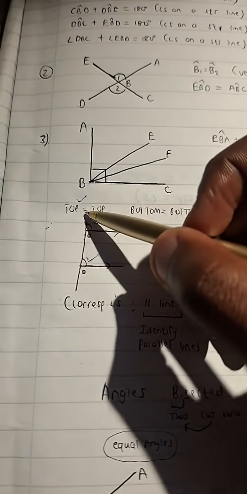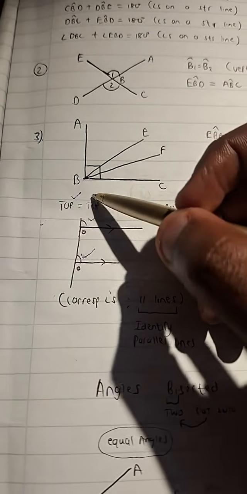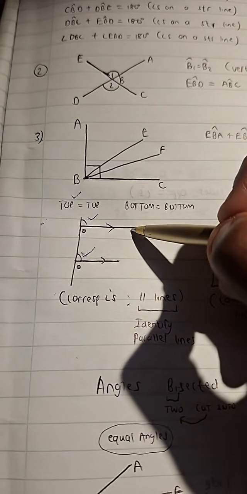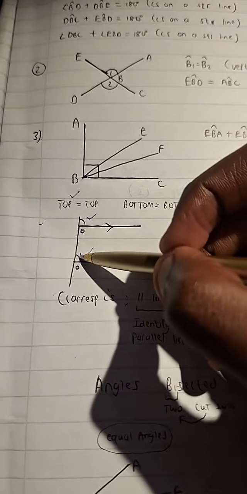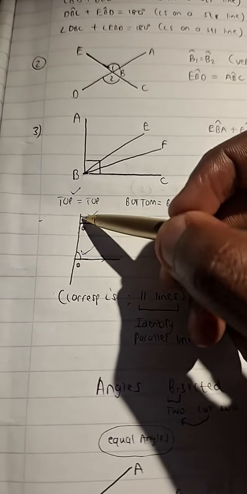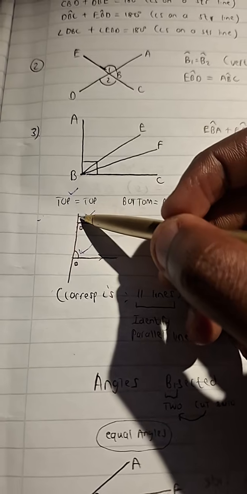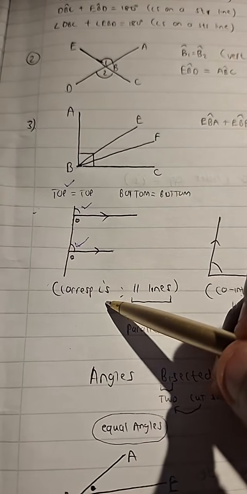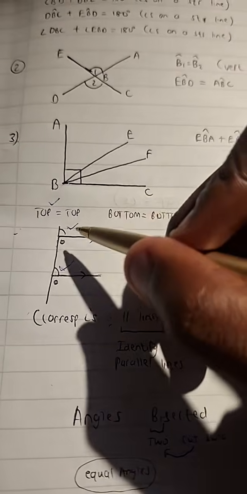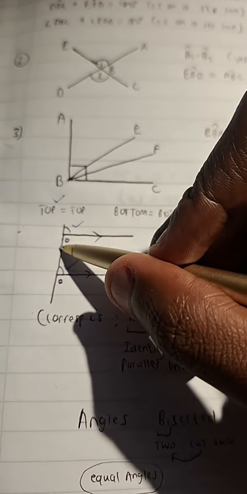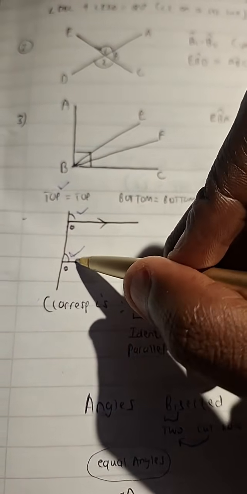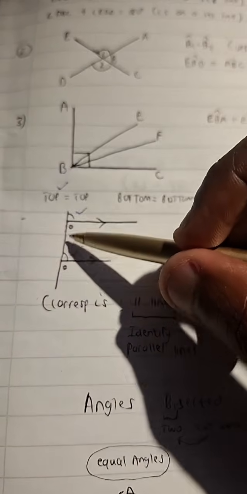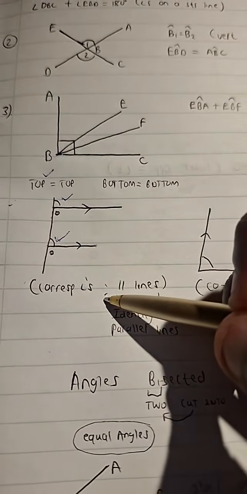We say top is equal to top. The angles are equal. What do we call those angles? We call them corresponding angles. Secondly, bottom of this line, bottom of the other line. We call those angles equal as well, and we call them corresponding angles.